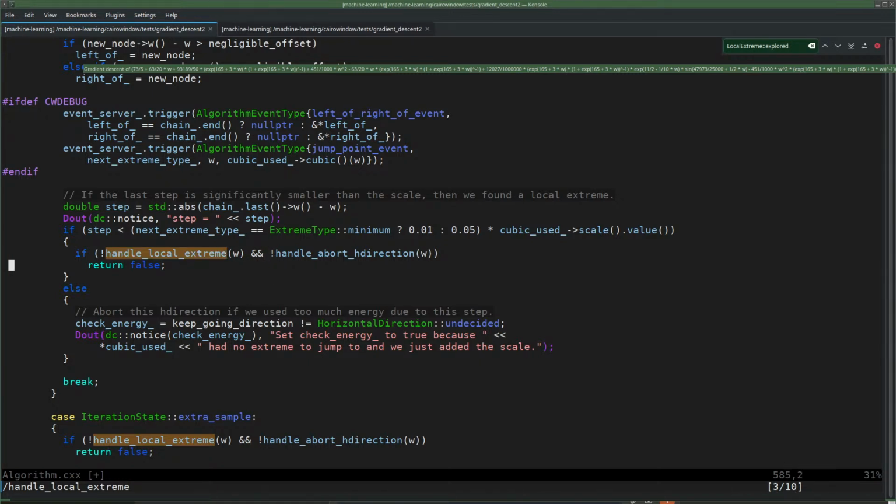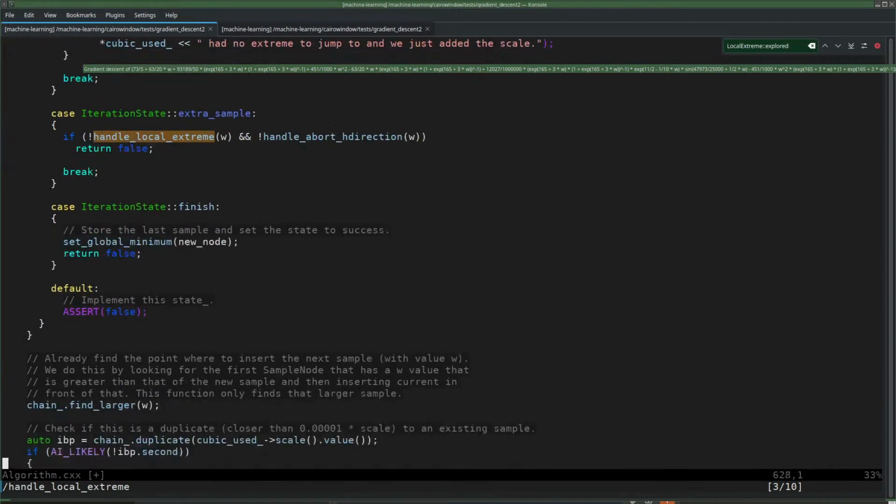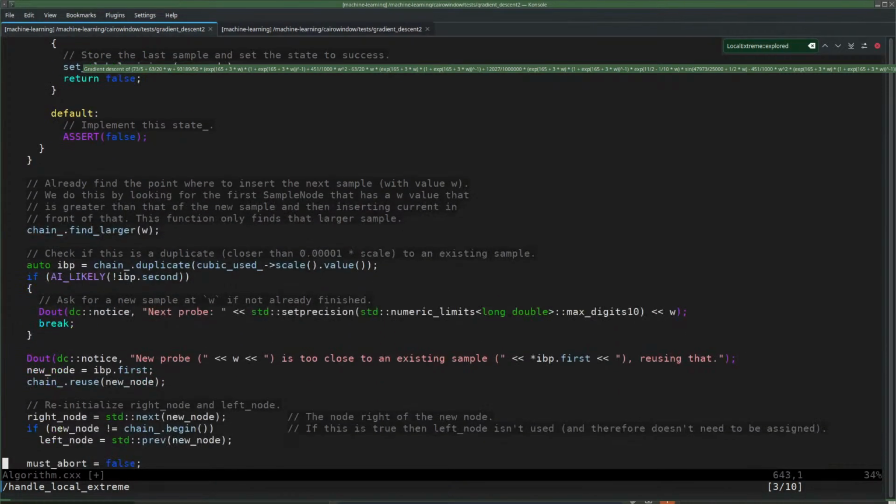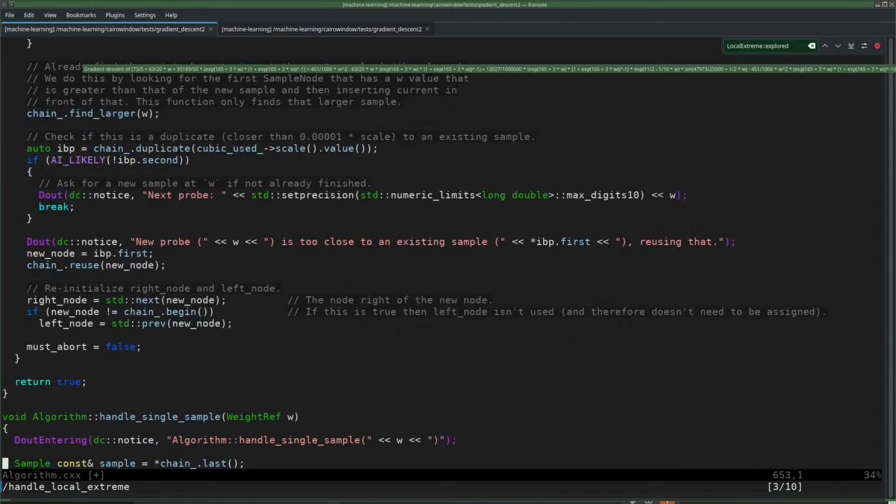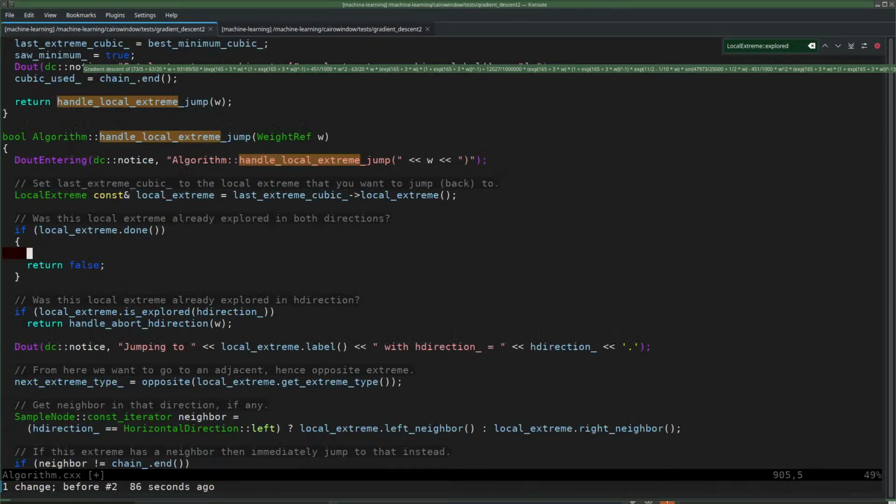That would be a hard abort. We don't want that. We just want this break here. And then what happens? Then we get here. Chain find larger. It just gets one more sample, I suppose. Just pretend everything is okay. Yeah, let's try that. Probably do, and then return true.